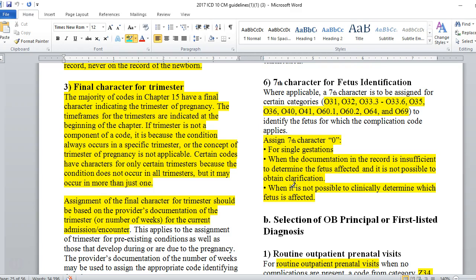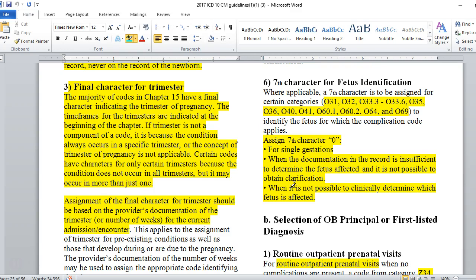Assign the seventh character of 0 for single gestations, one baby, when the documentation in the record is insufficient to determine the fetus affected and it's not possible to obtain clarification, and when it is not possible to clinically determine which fetus is affected. Okay, so again, seventh character of 0 for just one baby, which is the most common.